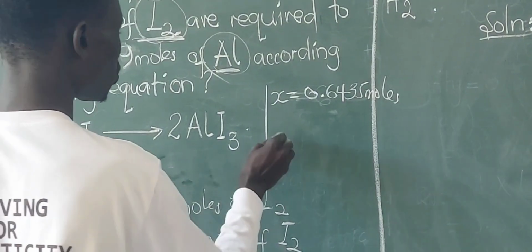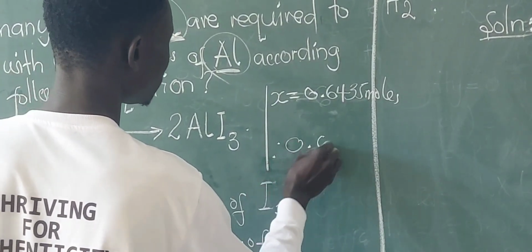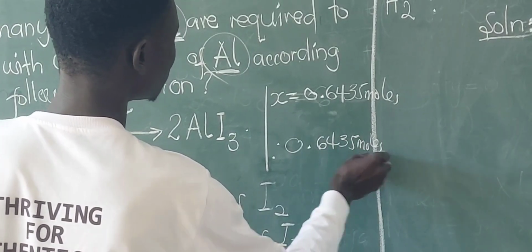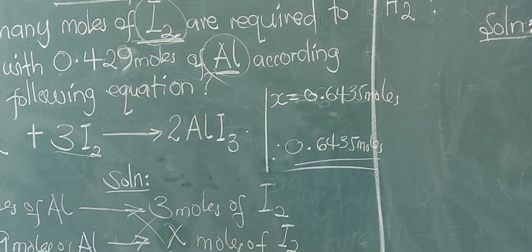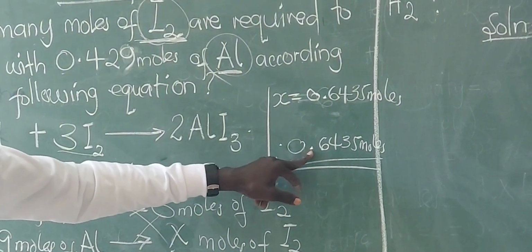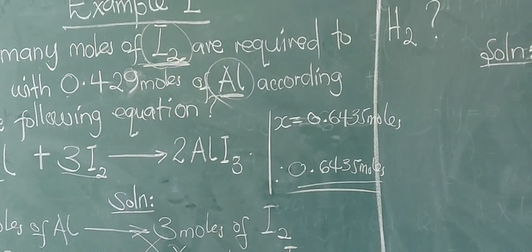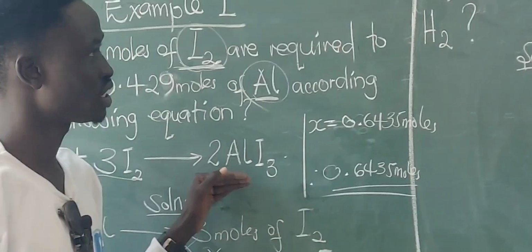So the moles that is required is 0.6435 moles. This is the answer, the moles required for iodine. So this is the first example.